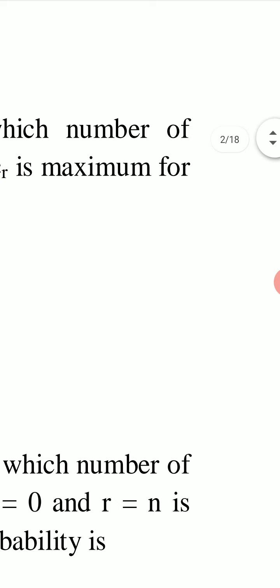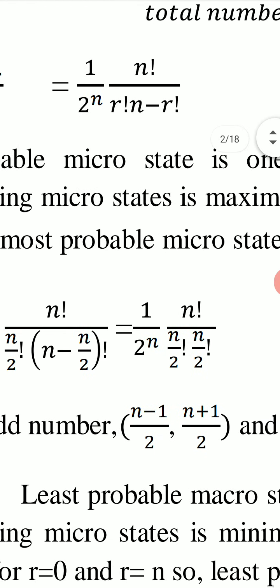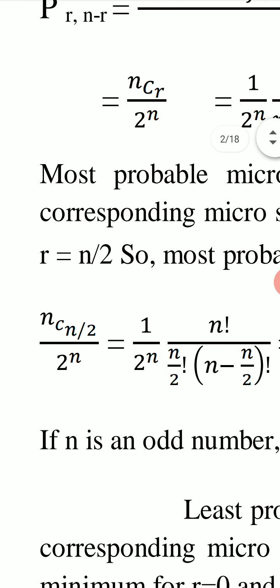The value of NCR is maximum for r equal to n by 2. If r is n by 2, then we have macrostate (n by 2, n by 2). Particles are equally divided into two boxes. Then the number of microstates will be maximum, NCR will be maximum when r is n by 2.